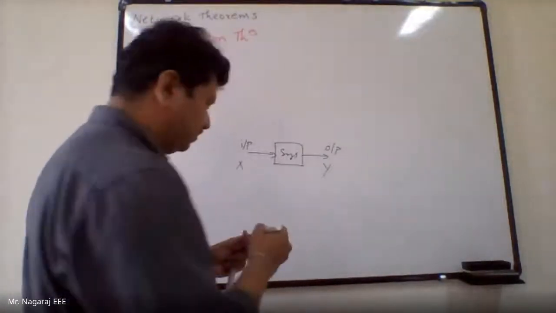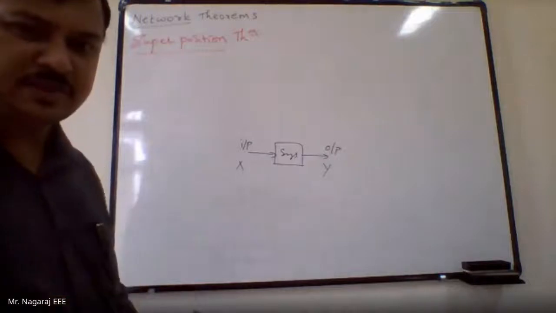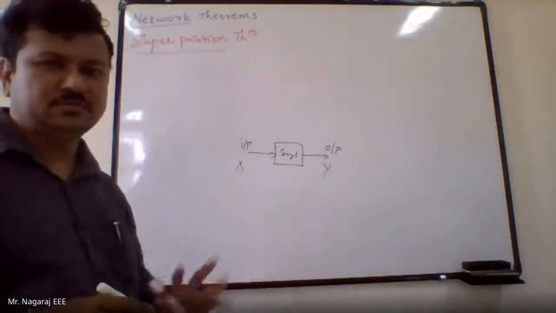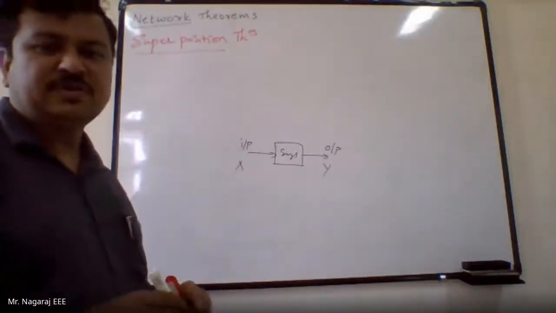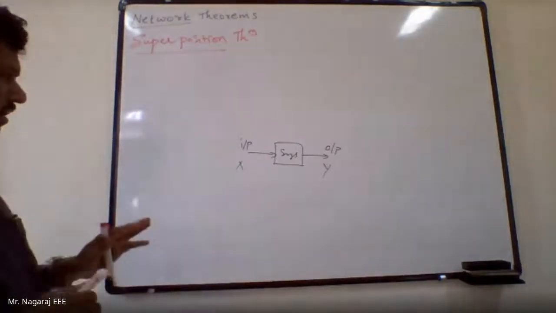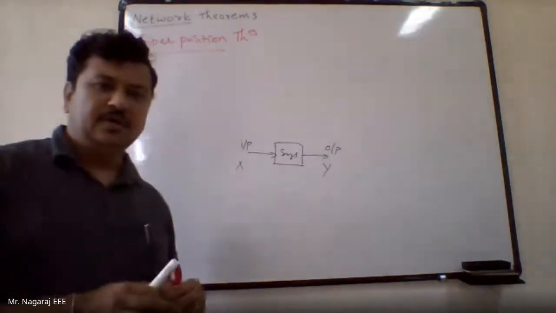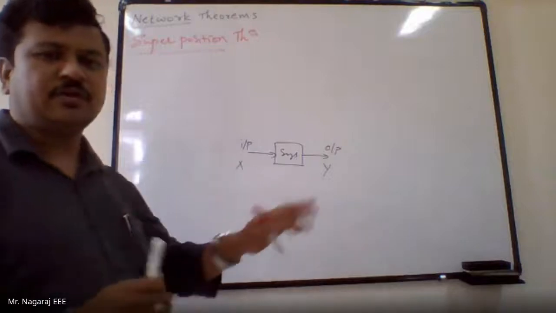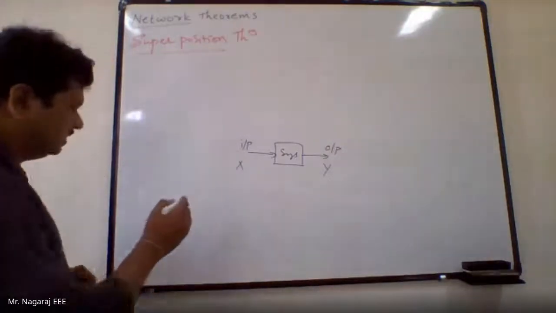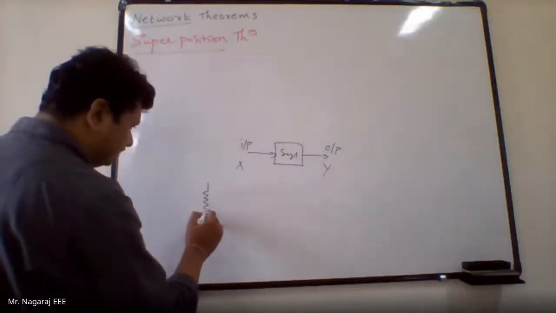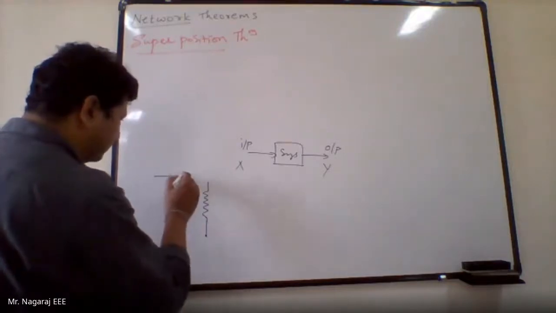So what first we should be looking into, what does response mean? Response is nothing but output. Input is always excitation. In standard engineering terms, input is called excitation, output is called response. Now, what is the response across this element? Now I have some circuit.